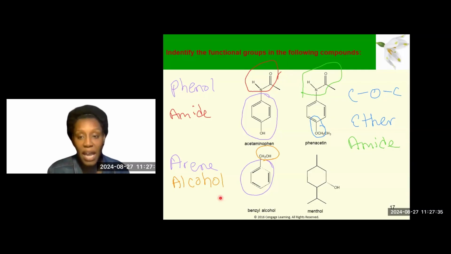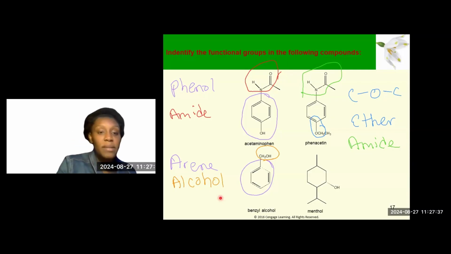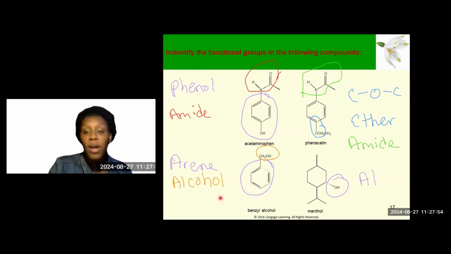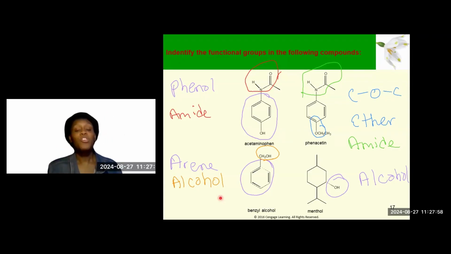All right, let's see if you guys got it right. With the next one, we have a functional group here. Now notice, it's an OH group that's attached to a ring, but is that ring a benzene ring? No, it's not. And so that is not a phenol, but simply a regular alcohol. So make sure when you're doing them that you don't get them mixed up.